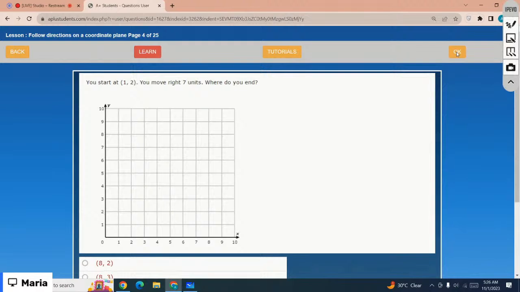You start at 1, 2, you move right 7 units. So that would be 8 and 2. You just move right. The correct option is 8, 2.